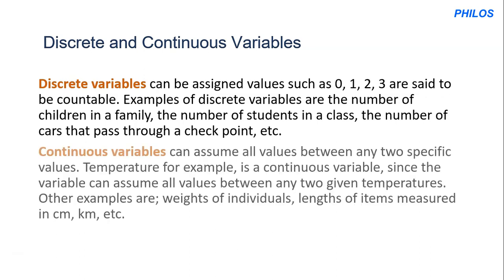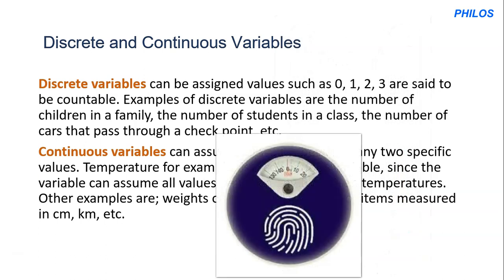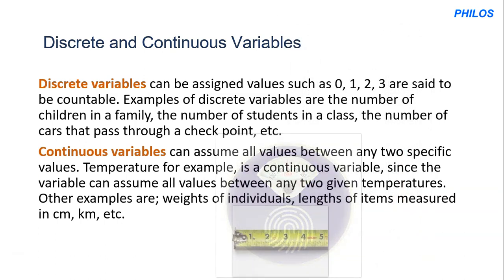Then when we talk about continuous variables, they can assume all values between any two specific values. So let's take temperature. Temperature is a continuous variable, since the variable can assume all values between any two given temperatures. Other examples are weight of individuals, length of items measured in centimeters, kilometers, and so on.